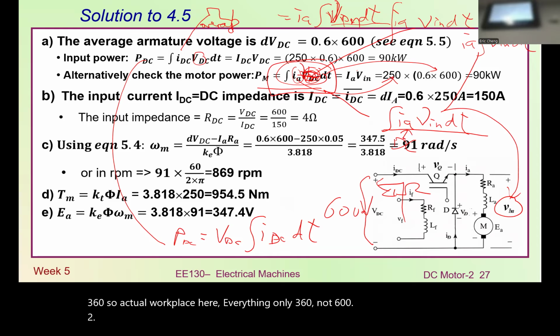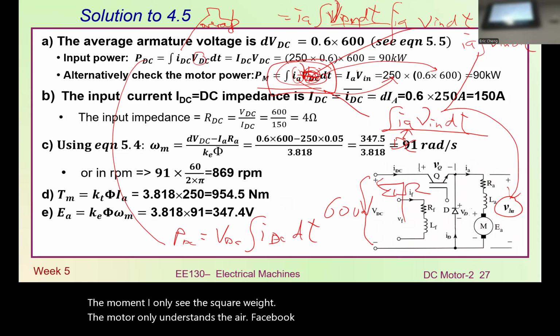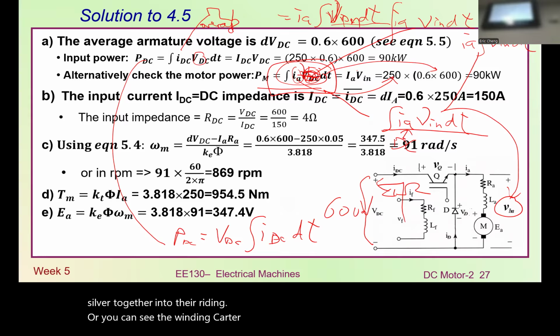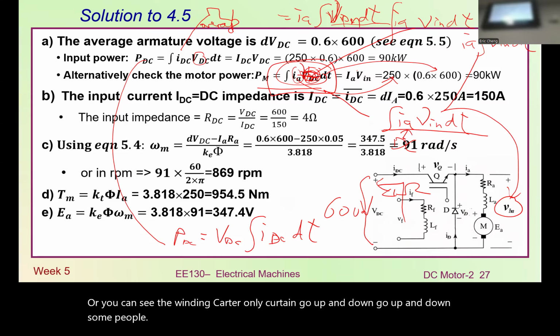That's very much reasonable. I say that because the motor itself only sees the square wave. The motor only understands the average voltage. It lumps all the 600 volt together into its winding. You can see the winding current only goes up and down with some ripple, and the motor uses this current to generate the torque.